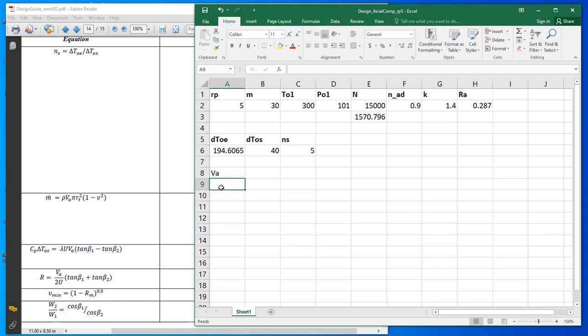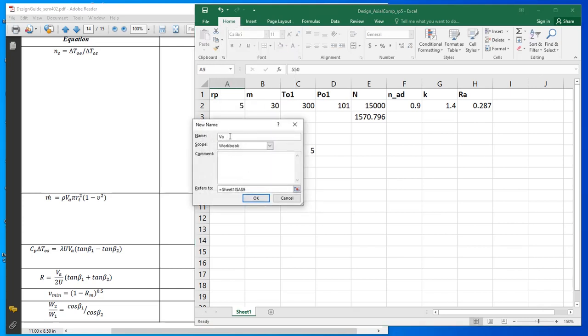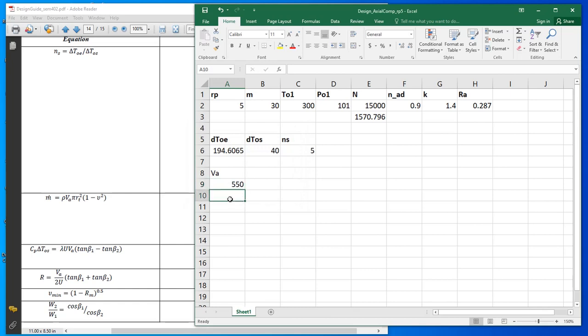So V axial, we have fixed it as 550 feet per second, and we can convert it into meter per second. So let's give it a name, VA FPS, feet per second.